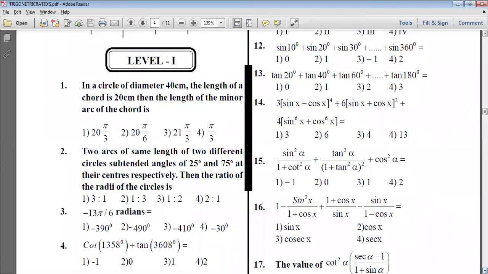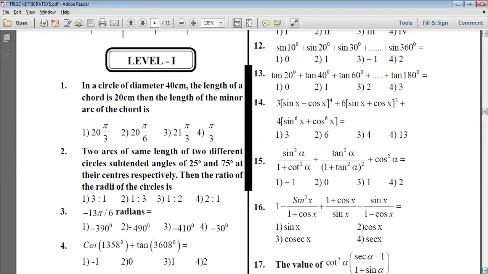Let's look at that problem: 3 times (sin x minus cos x) whole power 4, plus 6 times (sin x plus cos x) whole square, plus 4 times (sin power 6 x plus cos power 6 x). So we have to evaluate this value.